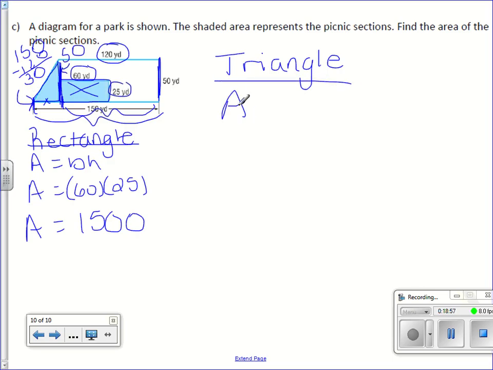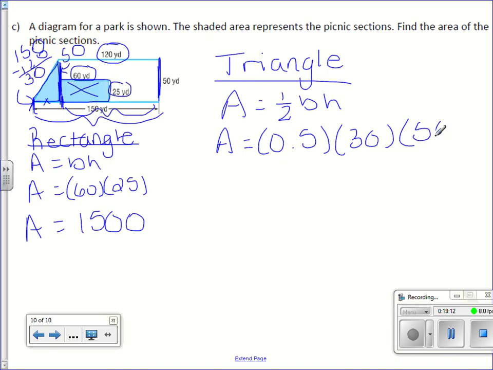So our formula, area equals 1/2 base times height. Area equals 0.5. The base is 30 and the height is 50. Area equals 750. Now what we did is we found the areas of both those shaded regions.